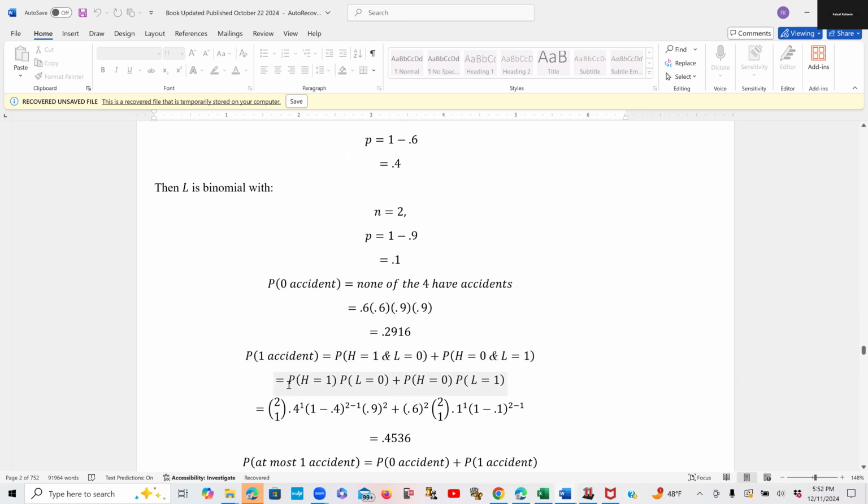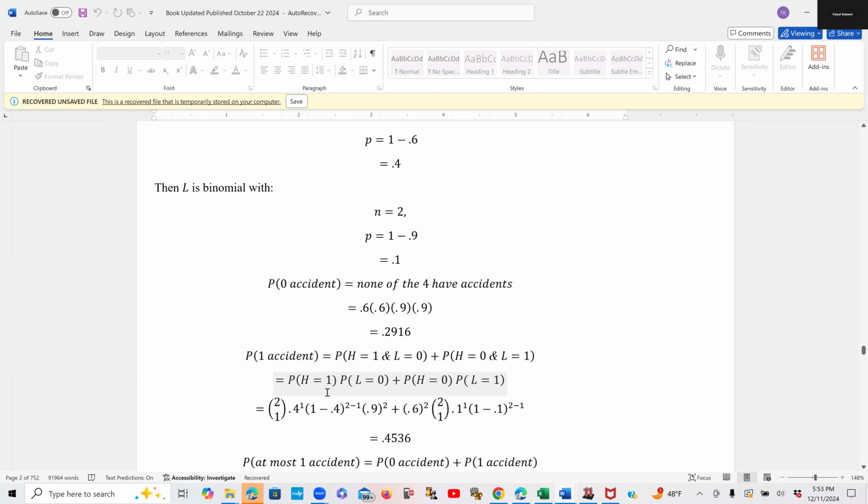And so this is P(H=1) times P(L=0) because and means multiplication. And similarly here, H equals 0 and L equals 1 will translate into P(H=0) times P(L=1).